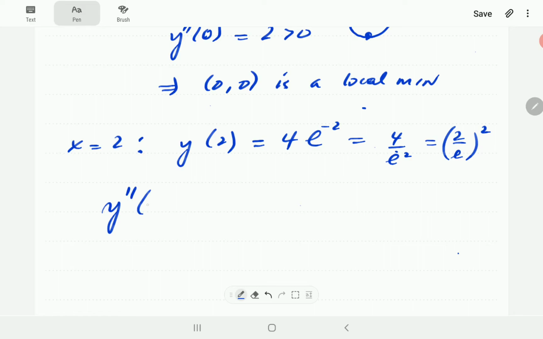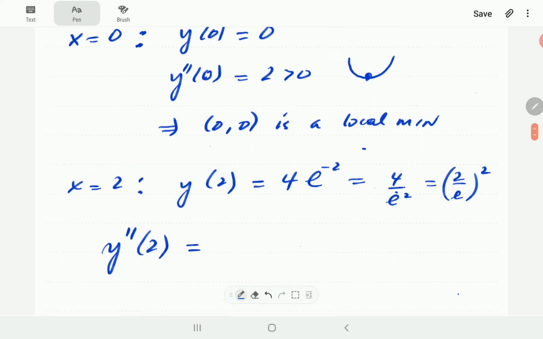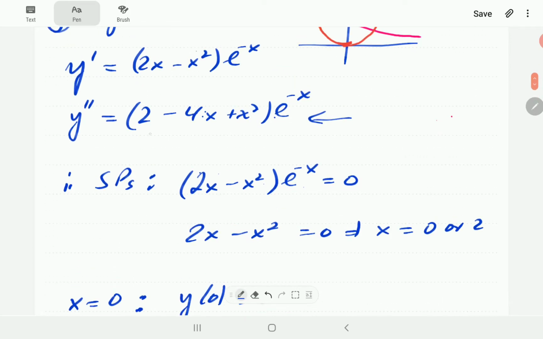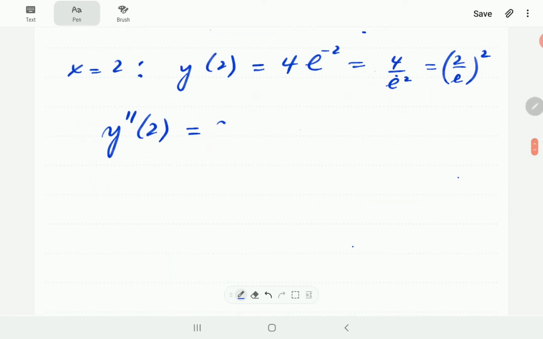As far as the second order derivative is concerned, if we plug in x equals 2 here, we're going to have 2 minus 8 plus 4, and then e to the minus 2. So that's 10 minus 8, so this is going to be 2 over e squared.